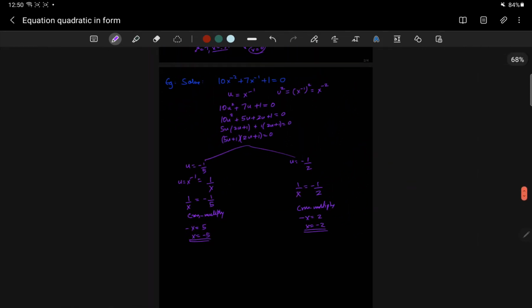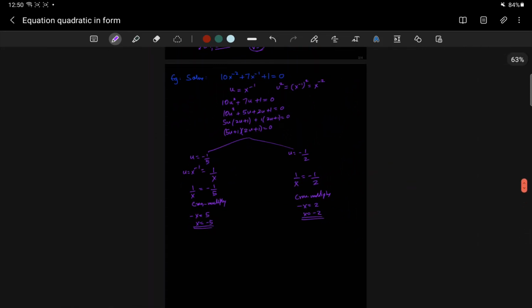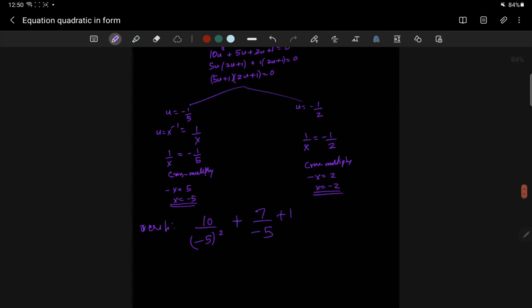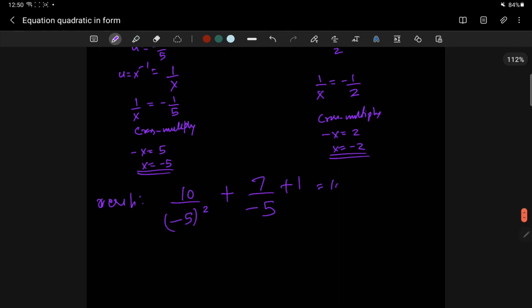Now, of course, I have to verify, right? So verify. 10 over negative 5 squared plus 7 over negative 5 plus 1. Is that going to be 0? Let's see. 10 over 25 minus 7 over 5 plus 1, over 25, that's 10 minus 35 plus 25, which is 0.